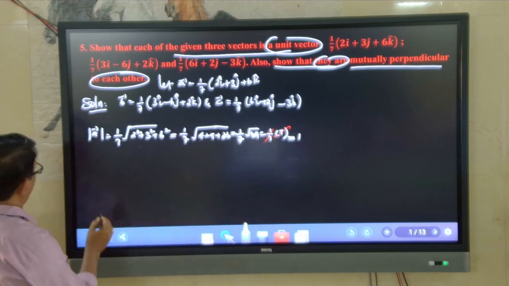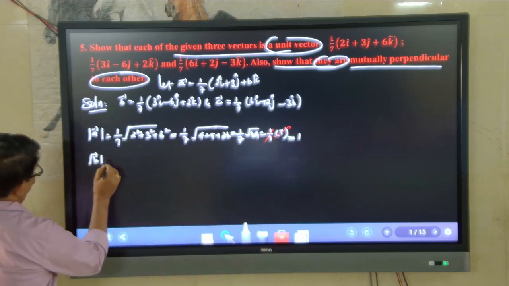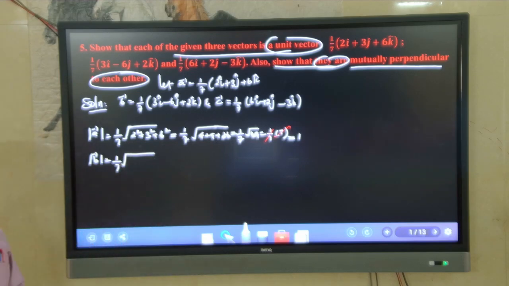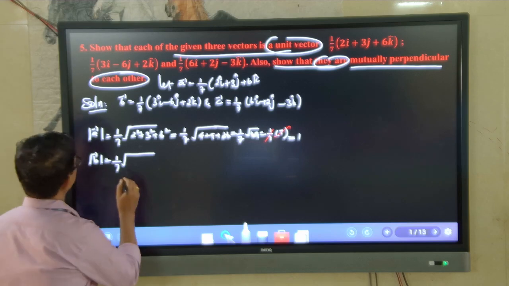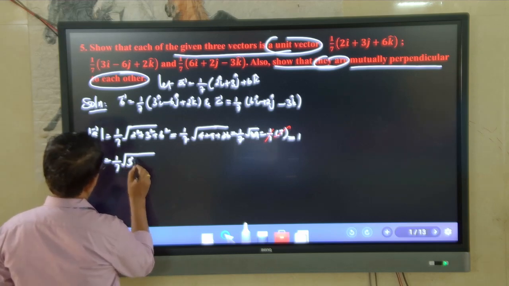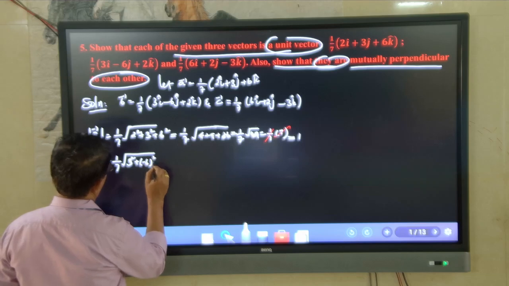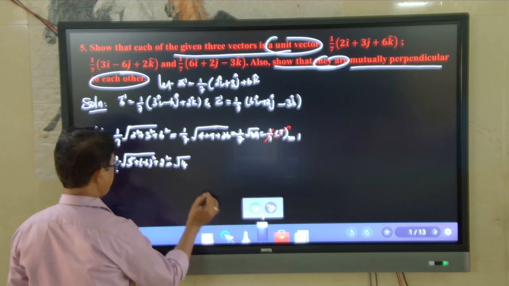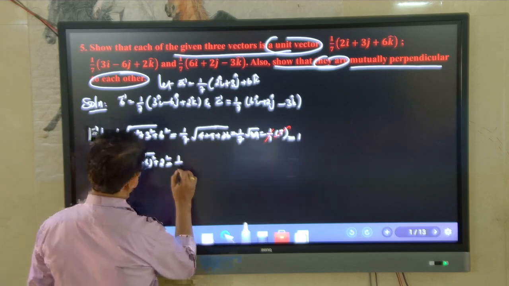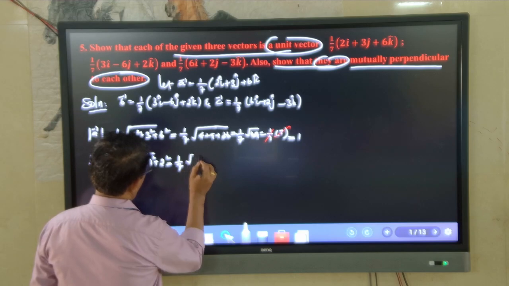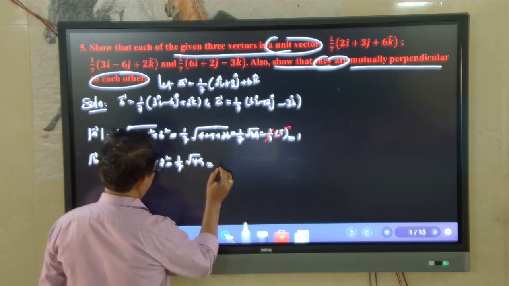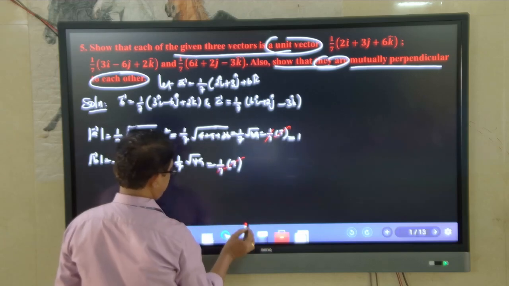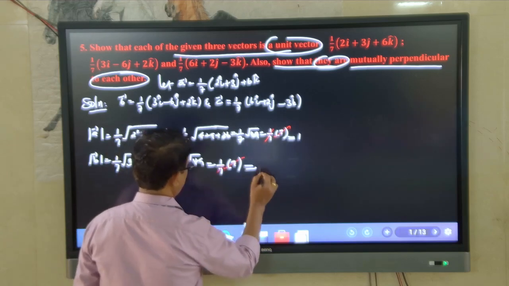And B vector equal to 1 by 7 square root of 3 square plus minus 6 square plus 2 square, the coefficients are interchanged, so it becomes the same answer: square root of 49. 1 by 7 into 7 cancels, and you get the answer 1.